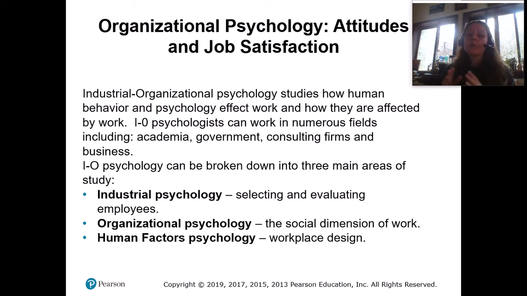Then you look at the organizational factor, and that's that social dimension: the hierarchies, the framework, maybe the objectives and goals of the organization. And then of course you look at the human factors, and that would be the workplace design. Once again, we're looking at how people engage each other in the environment.